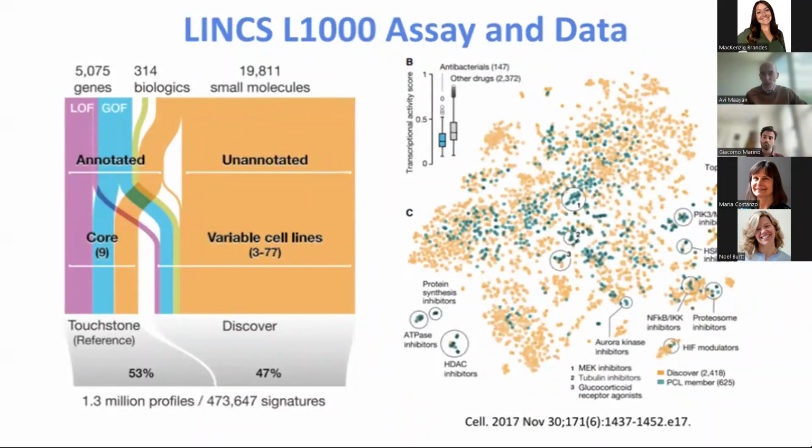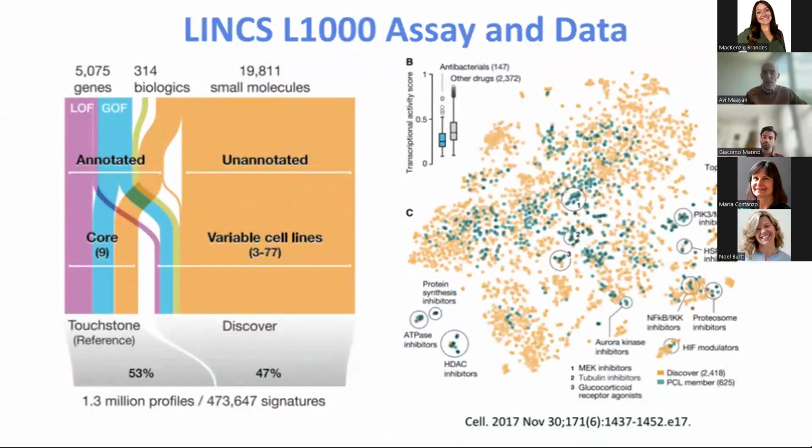And in the publication, they showed how they had 5,000 genes, loss of function or gain of function, some biologics, and about 20,000 small molecules that were used. And those small molecules were used in different concentrations across many cell lines. And also the gene expression was measured at different time points.